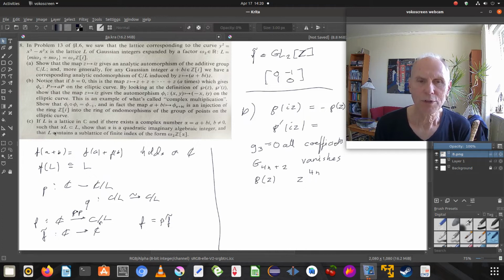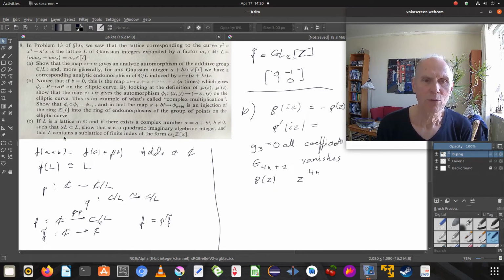Now first, the lattice itself can be simplified. So we don't have to have it generated by omega 1 and omega 2. We can have it generated by unity and some complex number.